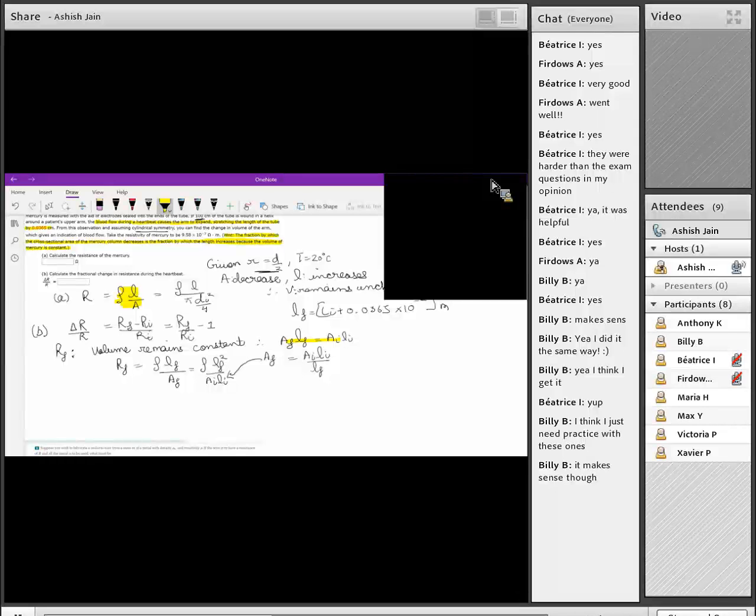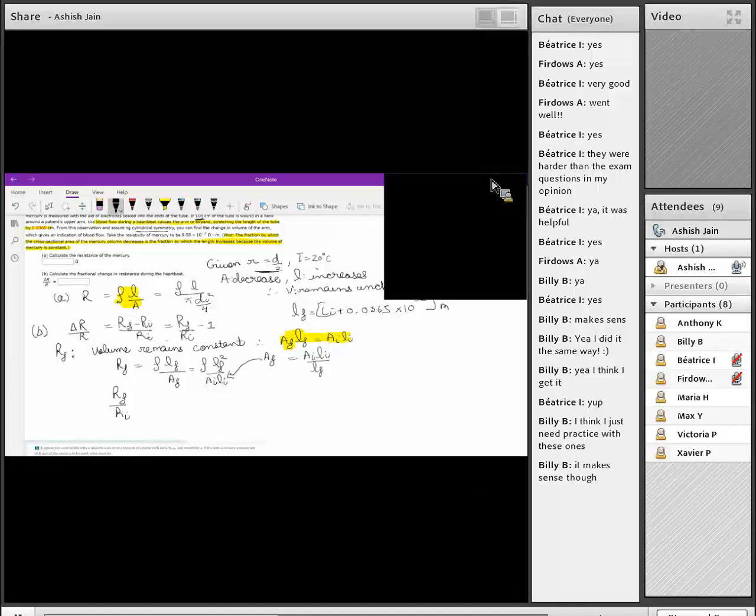Because the question says the volume remains the same, I'm exploiting that fact to find the final resistance. This is how you do every question which says there is a temperature change and the length changes due to the temperature. You find the final resistance if the volume remains constant. Otherwise there are other ways: you use the equation rho equals rho naught times 1 plus alpha times t minus t naught. That's the equation we're going to use in the next question.